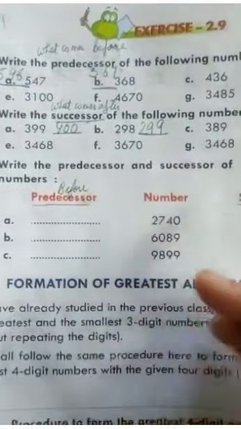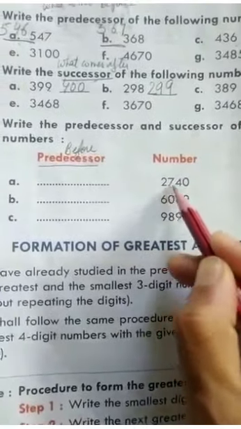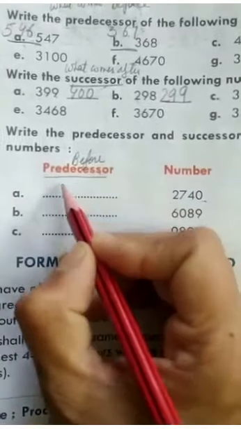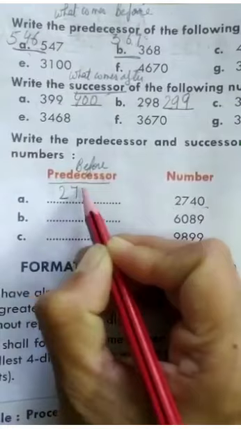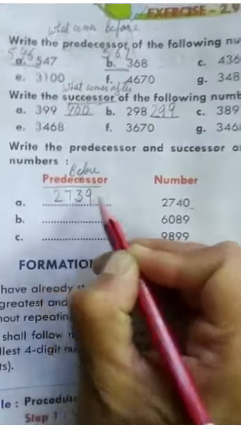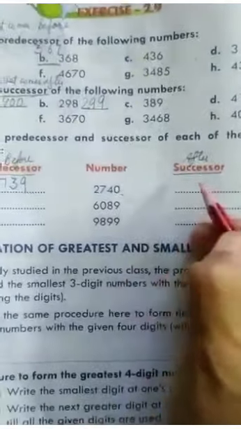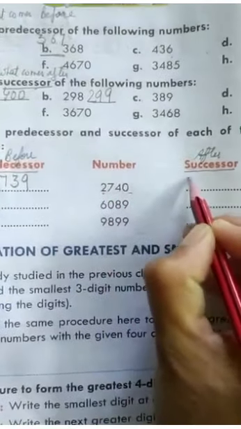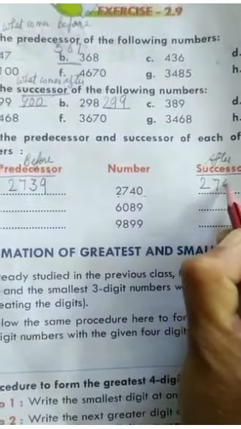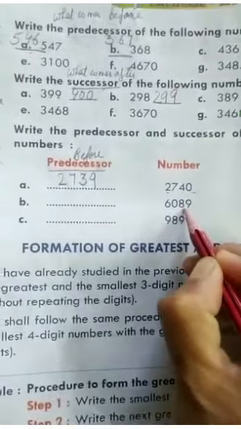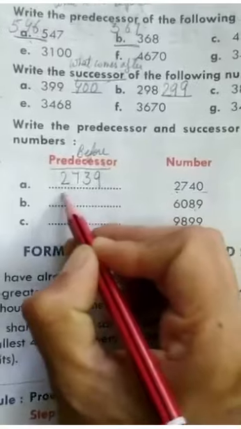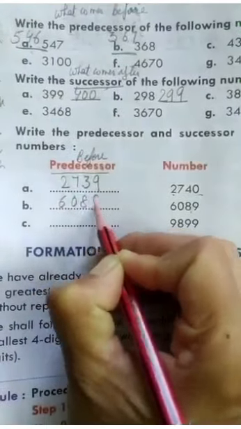Predecessor means before. So what comes before 2740? 2740 से पहले क्या आता है? 2739. And what will be the successor afterwards? क्या आएगा? What will be the next number after 2740? 2741. So B part, what is the predecessor of 6089? 6088.